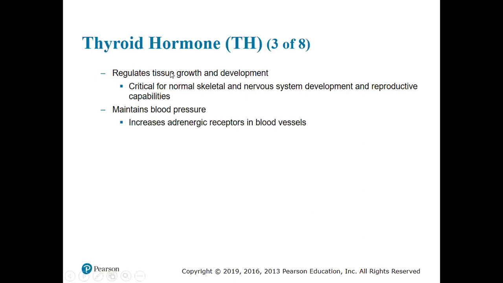Now remember, blood pressure has a lot to do with the vasodiameters, meaning what is the internal diameter? Are we constricting? Are we dilating? What the heck is happening here? So we have increased adrenergic receptors in blood vessels.